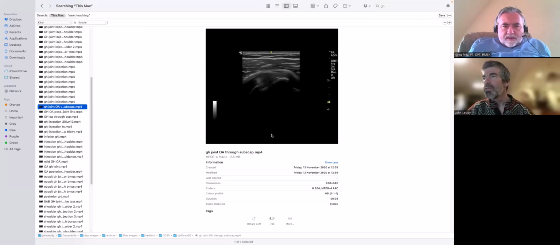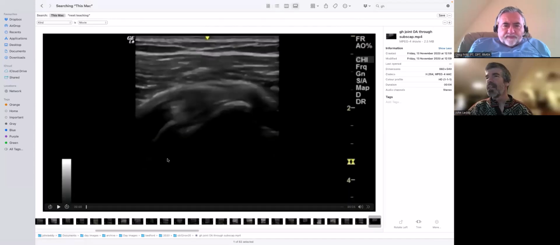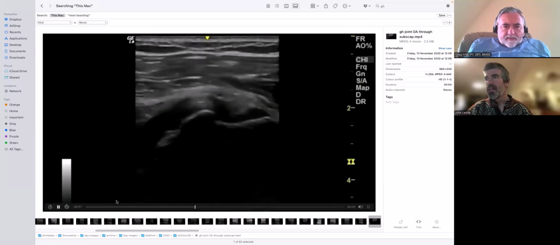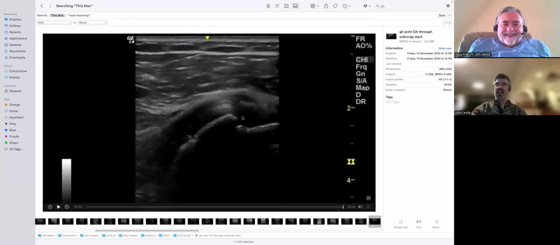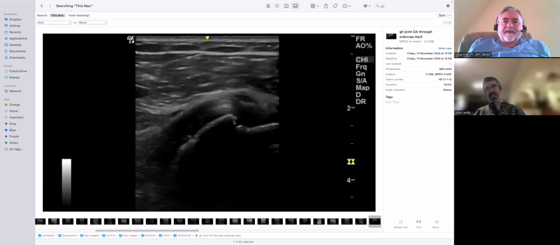Glenohumeral joint through subscapularis. Let's just have a look at this one to finish with then. Yeah. So this is glenohumeral, the anterior, and I always grew up not really taking whatever the bone looked like underneath subscapularis. I always just ignored it.